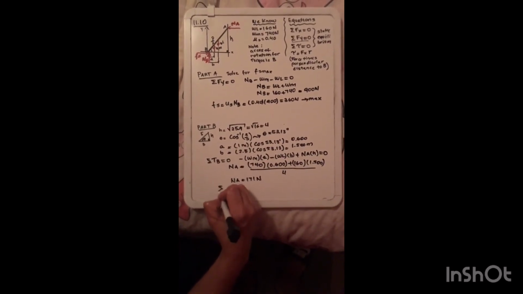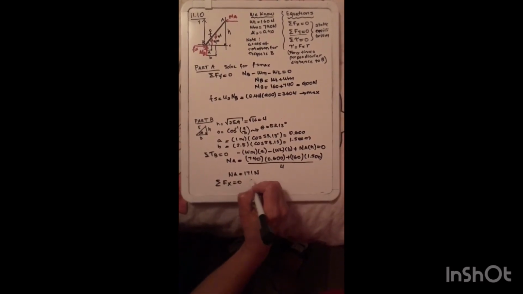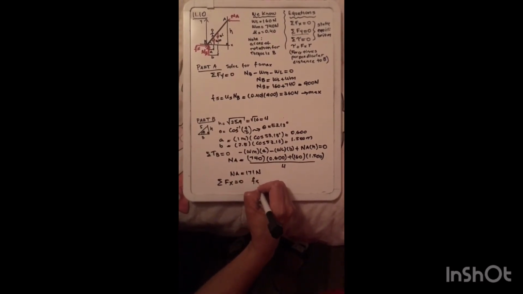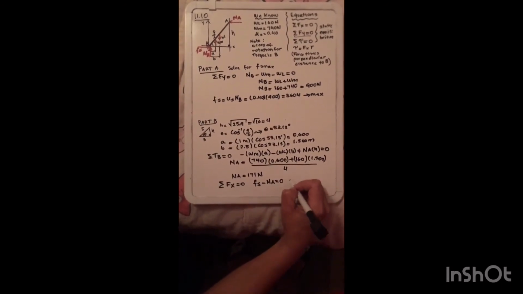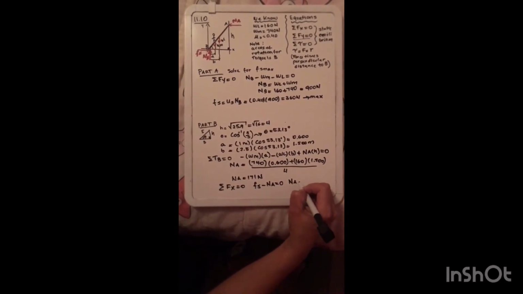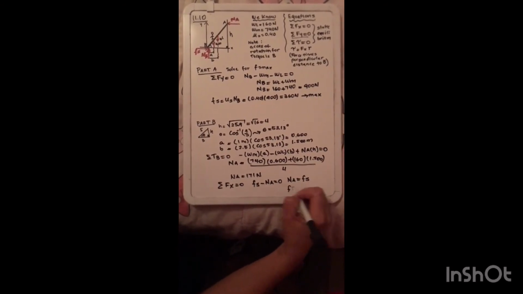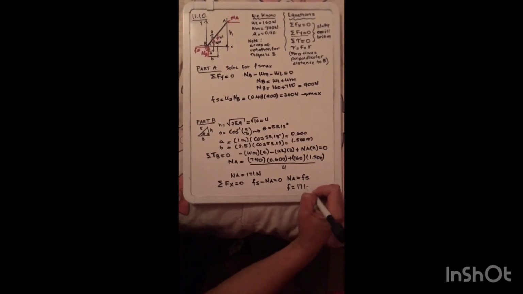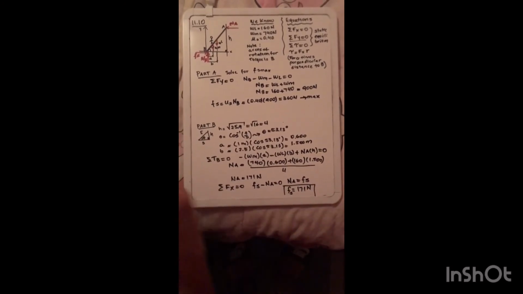And we know that the summation of forces in x is equal to 0, and the forces are the friction minus the normal force on A equals 0, which gives us that the normal force on A is equal to the friction, and the friction is equal to 171 newtons, which is the answer to part B.